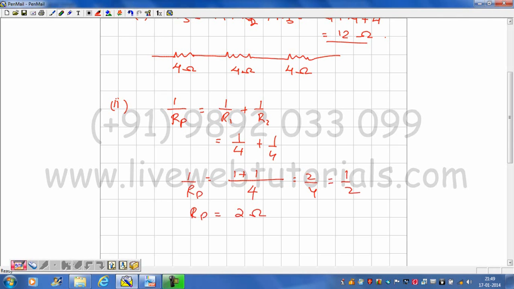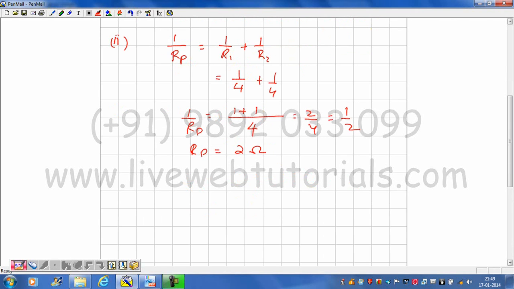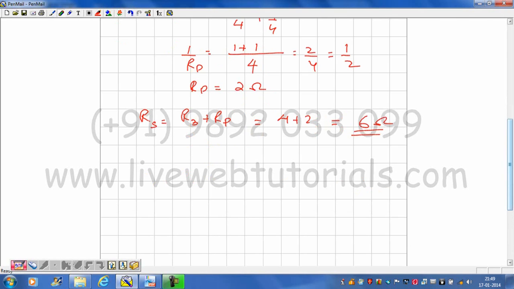Now the third resistance that is remaining will be connected in series. So that is going to become R3 plus Rp, because we have connected these both in series. This is going to become 4 plus 2, that is 6 ohms. This is how we are supposed to get it. We can also show this with the help of a diagram.